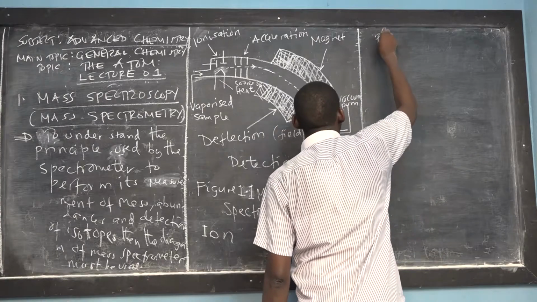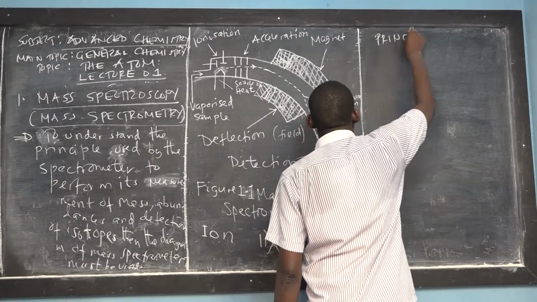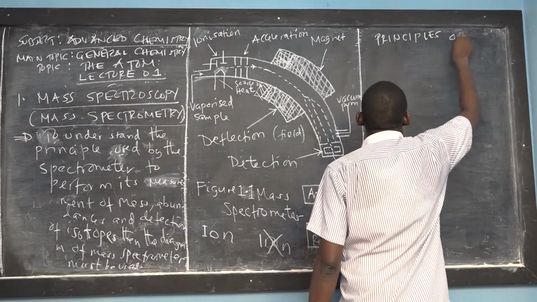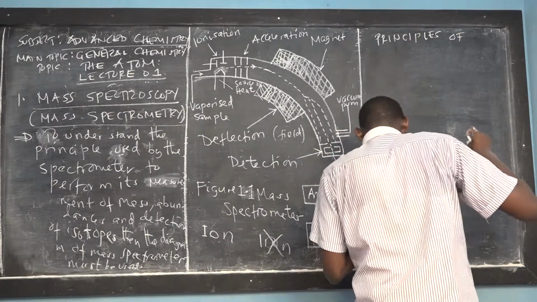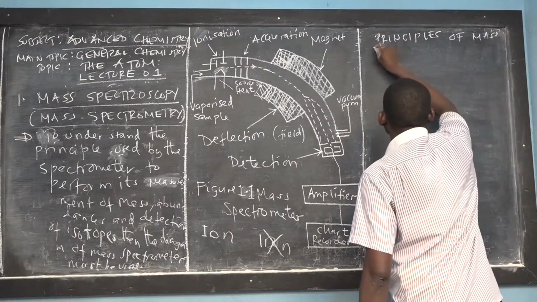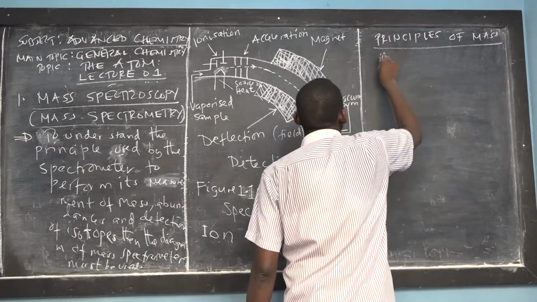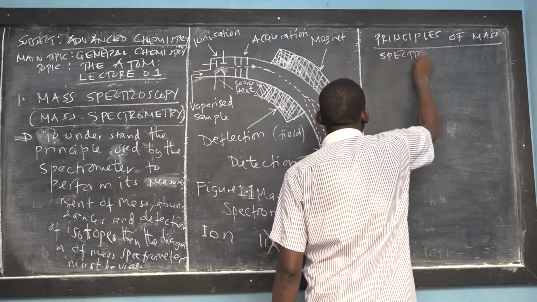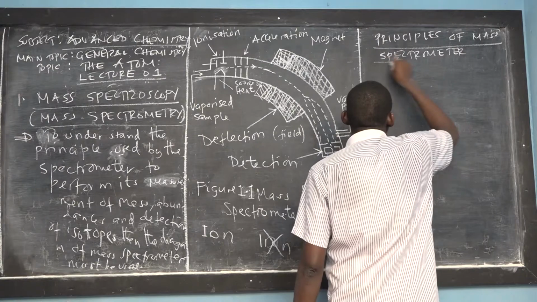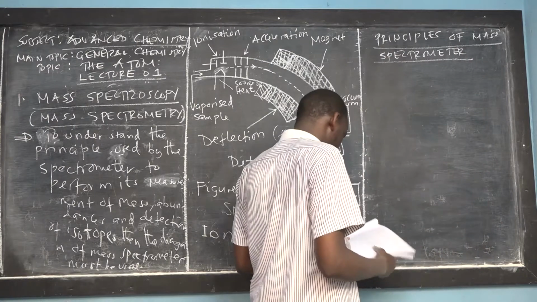Then another part that we have to cover, we want to learn in brief the principles of the mass spectrometer. What are the principles of the mass spectrometer?